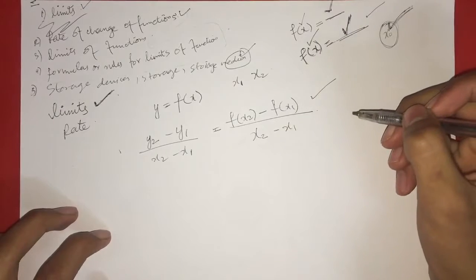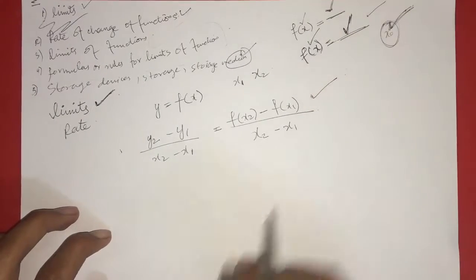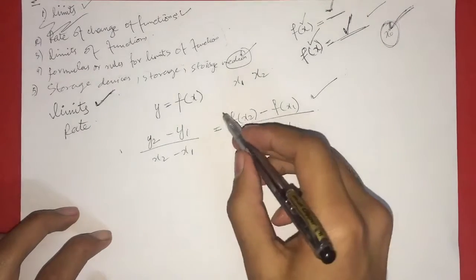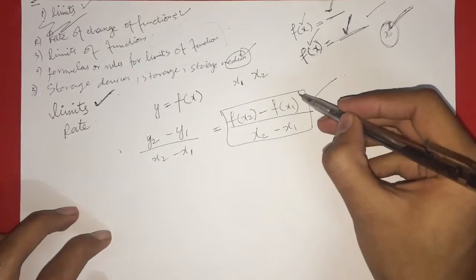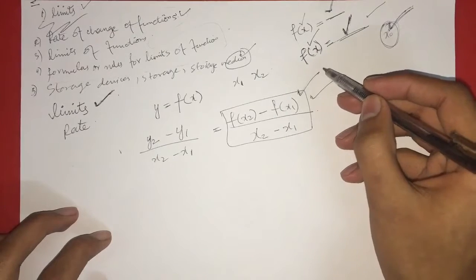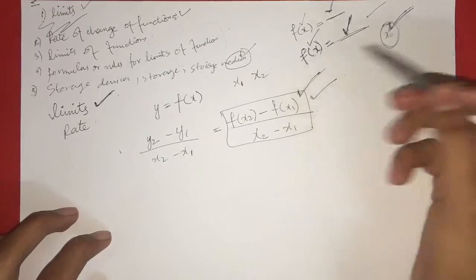So this is how you find the rate of change of functions, where a function varies and you just want to find how much it varied, or by how much change this function varied.